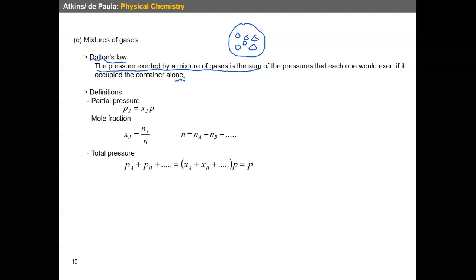So what does this mean? We want to find the pressure of a mixture of gases, which I call gas one and gas two. How can we calculate the pressure exerted by this mixture? In Dalton's law, we can simply sum up the pressures exerted by the two different gases.